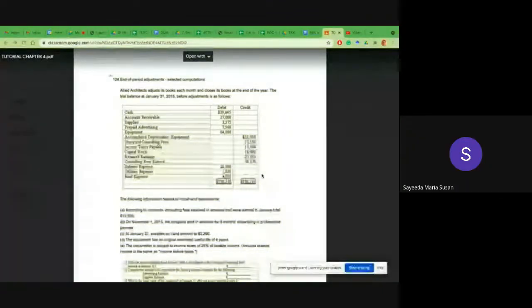Other questions? Okay, so here you have the trial balance before adjustment, with cash and accounts receivable.